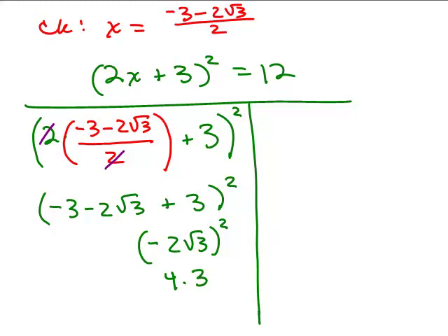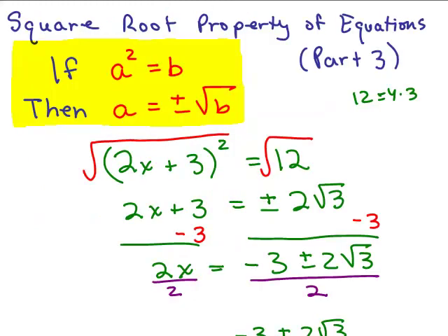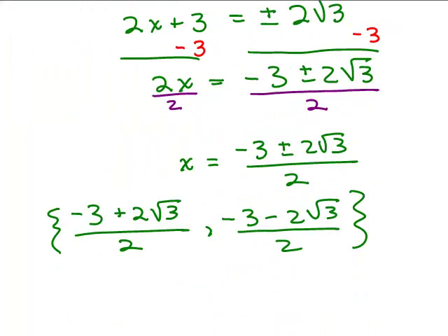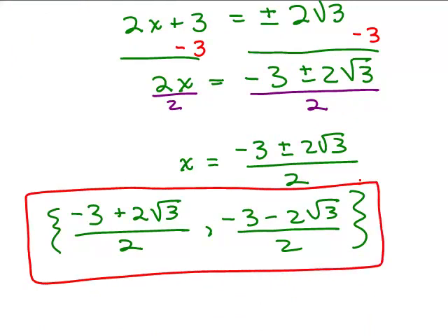So I'm going to end up with 12 on the left-hand side and 12 on the right-hand side. So this was a solution. So my original solutions were correct right here. As long as I also check my first one.